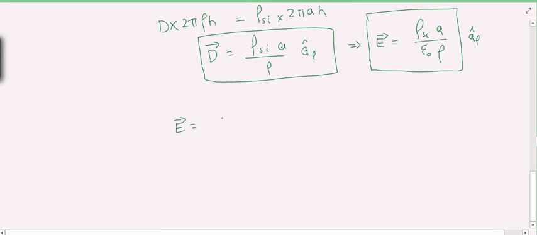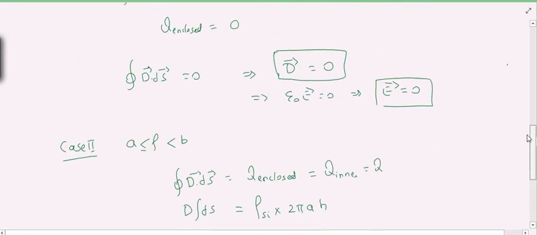So rho s I can write as Q by 2 pi a h, right? Q by 2 pi a h, and the other things are a by epsilon naught rho a rho cap. So here this a and a will get cancelled. What is this Q by h?